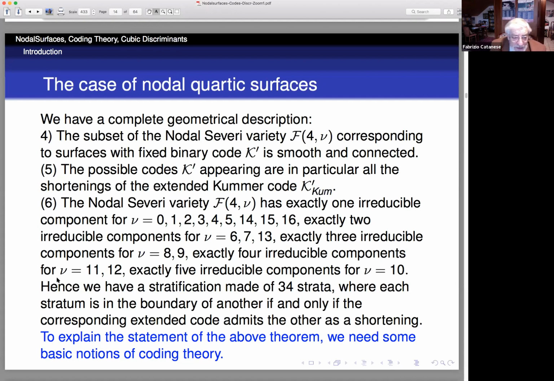I should point out that what is important here was the description of these codes K prime as a shortening. You can really classify these codes, but in order to prove that they correspond to components, you must say that they are shortenings. For instance, Endras pointed out that in the book of Ron about quartic surfaces with nodes, the classification is not complete.